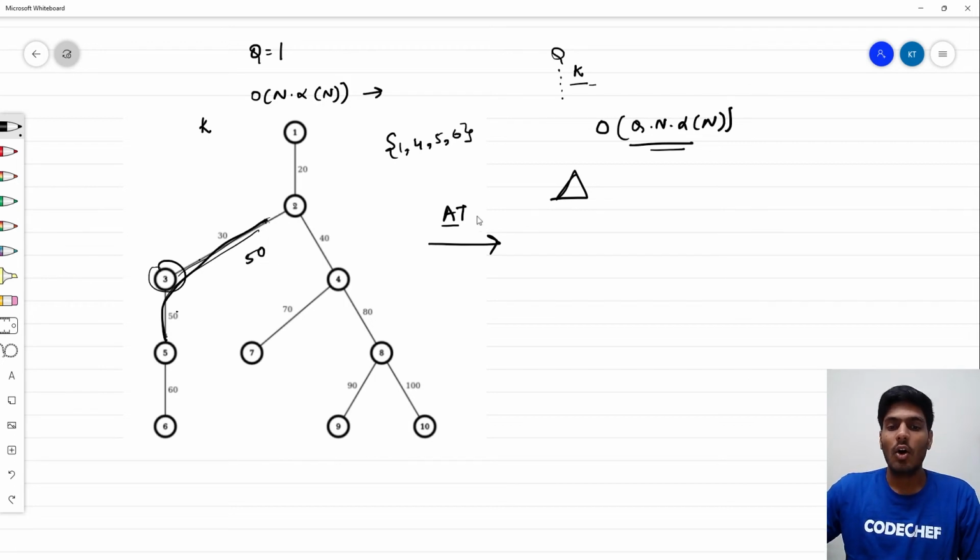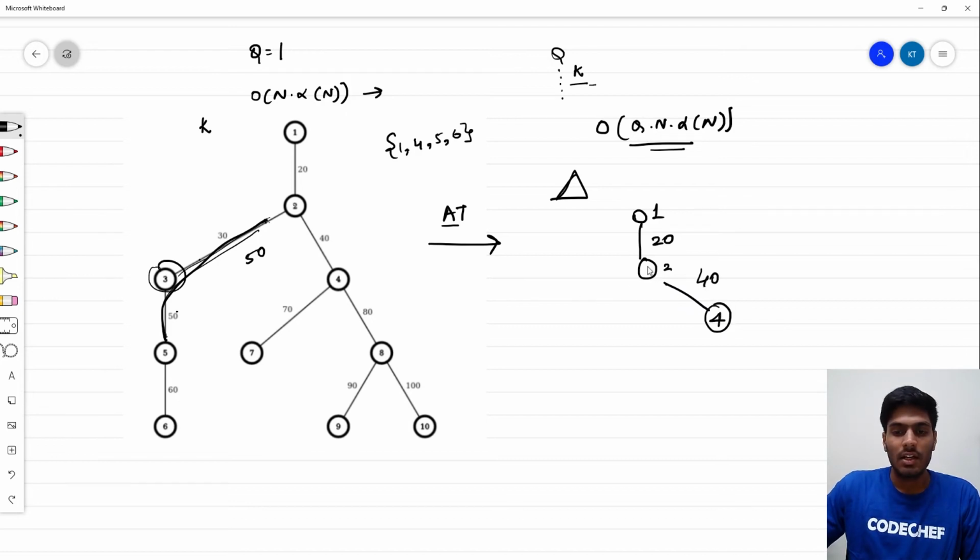So the auxiliary tree for this would look something like starting with 1, an edge of 20, then 2 connected with 4 with an edge of weight 40. Now this 2 and 1, from here it will be connected to 5 with an edge of weight 50, and this will be connected to 6 with an edge of weight 60.